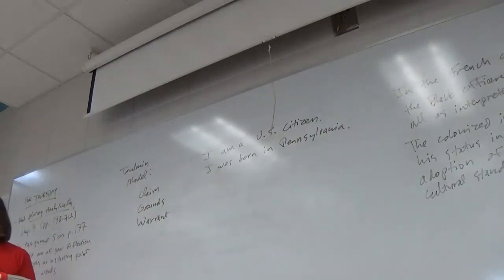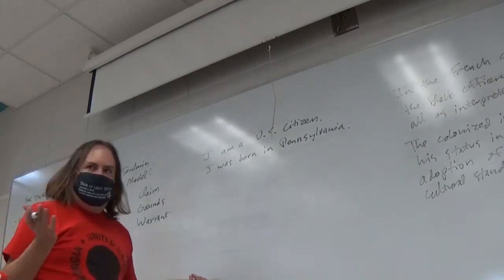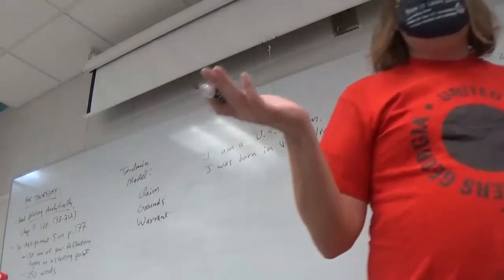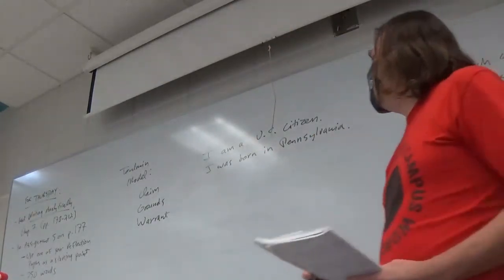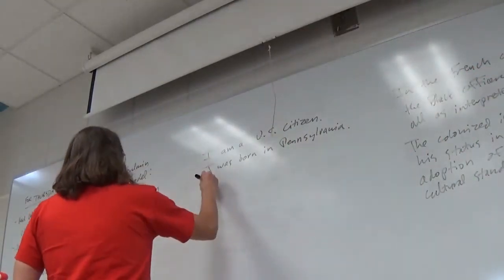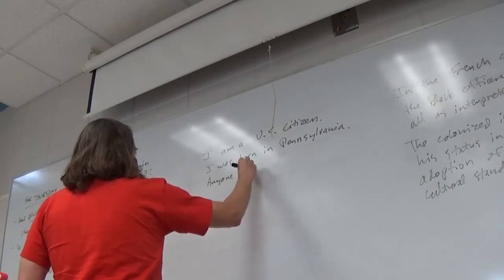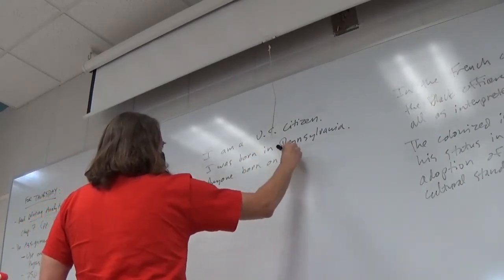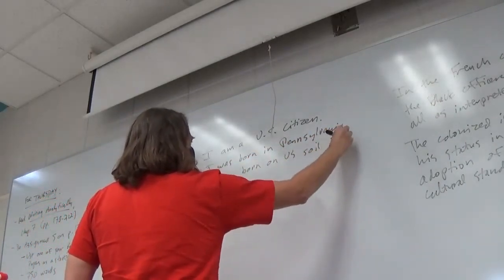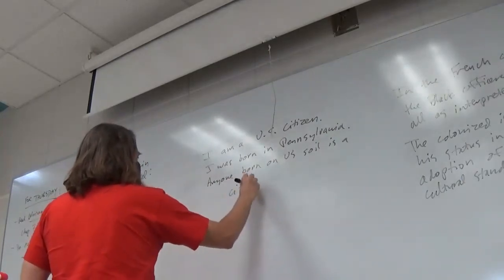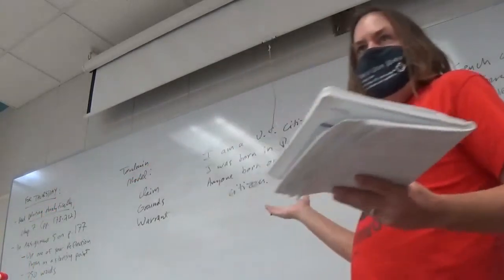What's the warrant that connects those two? Pennsylvania is a U.S. state. Yep, Pennsylvania is a U.S. state, and if I'm born on U.S. soil, I'm a U.S. citizen, right? See how this works basically?